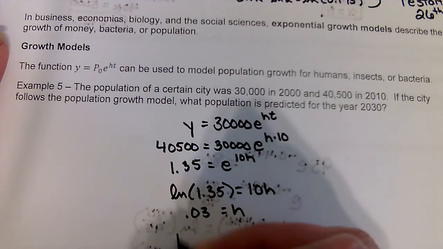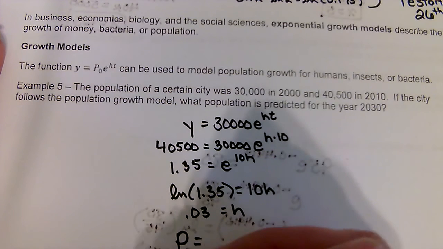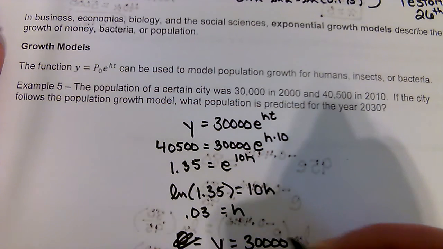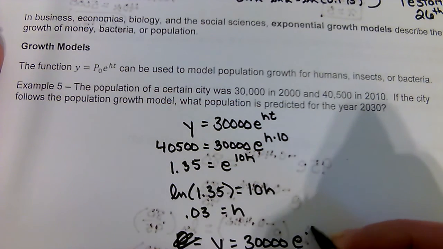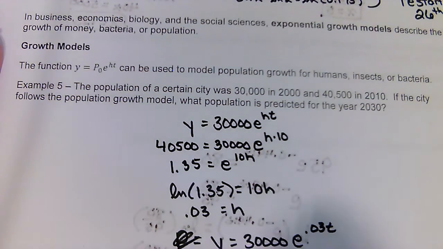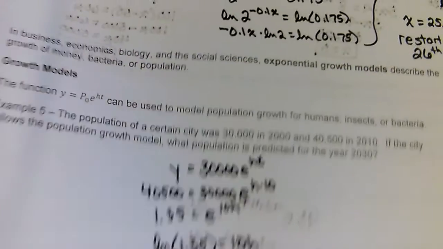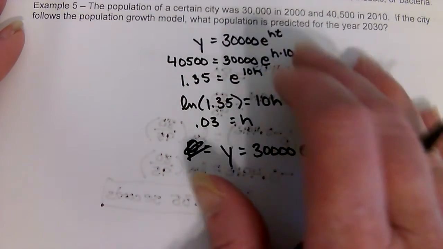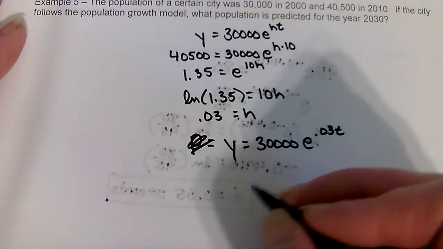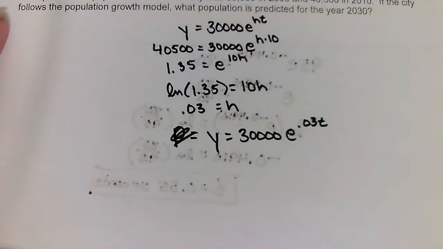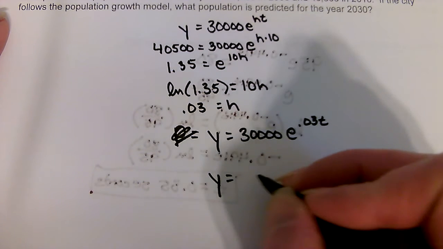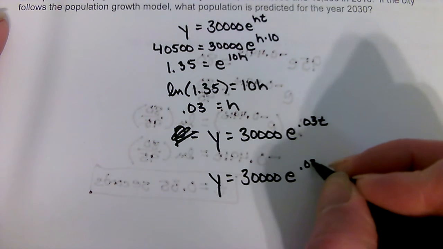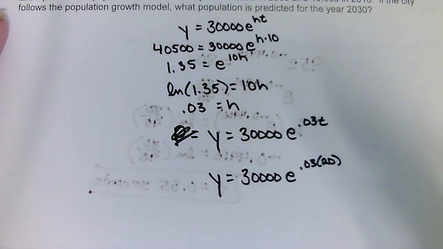So now we have our specific equation. y equals 30,000 e to the 0.03 t. So could we predict what the population would be in 2030? Yeah, that's 20 years after 2000. So you would just plug in 20 for your t. So y equals 30,000 e to the 0.03 times 20.